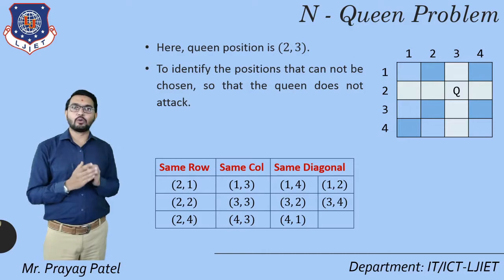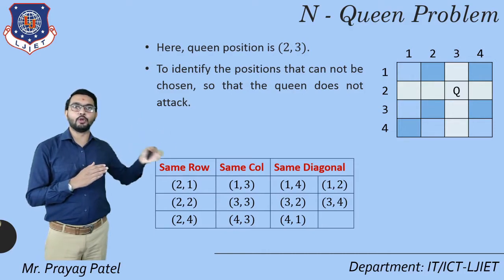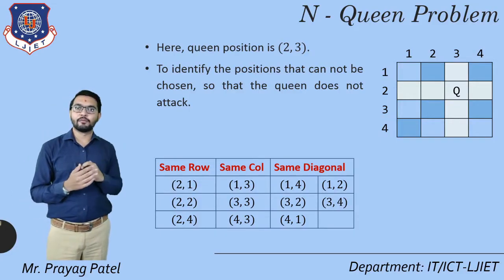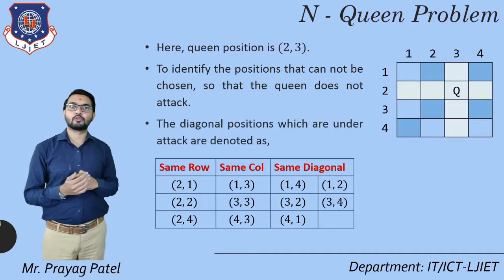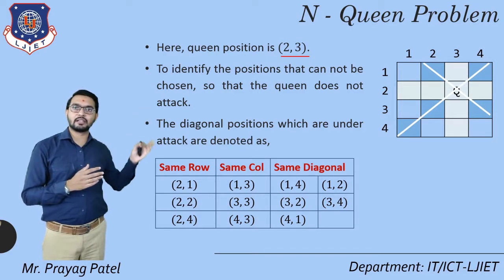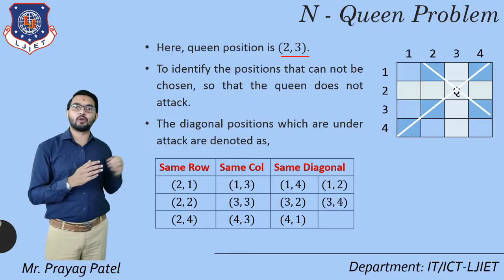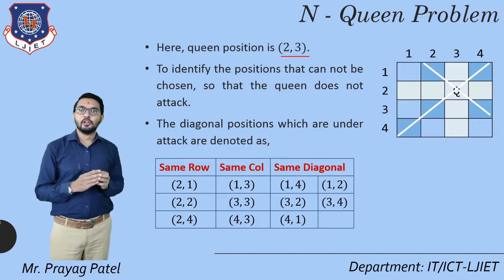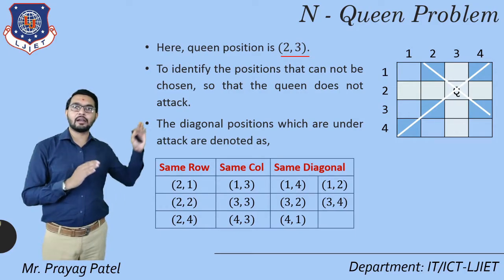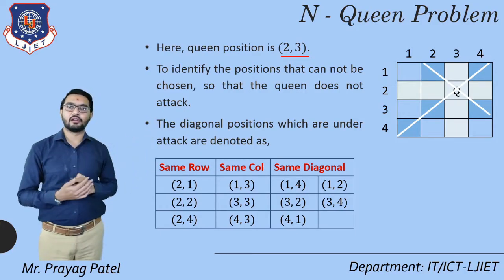Now consider the diagonal. Here consider the blue shaded line as a diagonal: 1, 4, 3, 2 and 4, 1. The white line is also a diagonal, and another diagonal is 1, 2 and 3, 4. So the diagonal positions which are under attack are denoted by this figure.